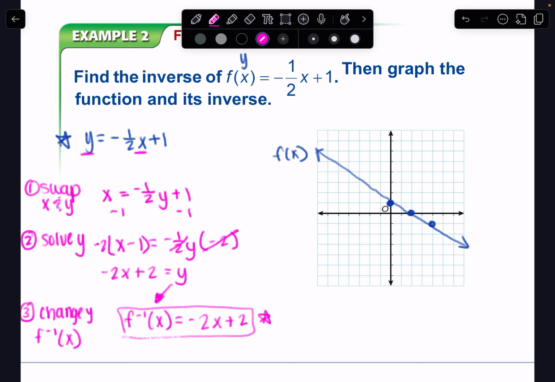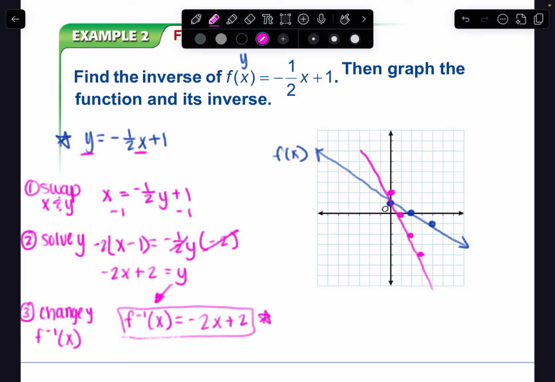Then it asks you to graph the original function, which we already did, and now the inverse. So graphing your inverse, my y-intercept is at 2 now. Then my slope is negative 2. So a slope of negative 2 would tell me to go down 2, to the right 1, down 2, to the right 1, and so on and so forth.